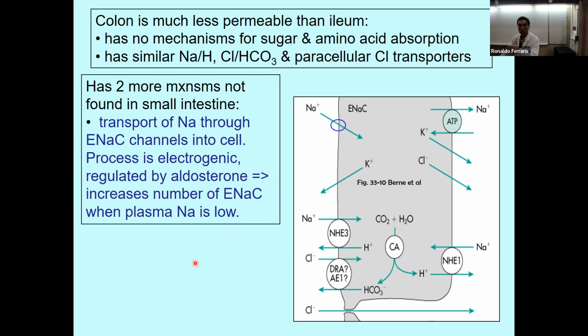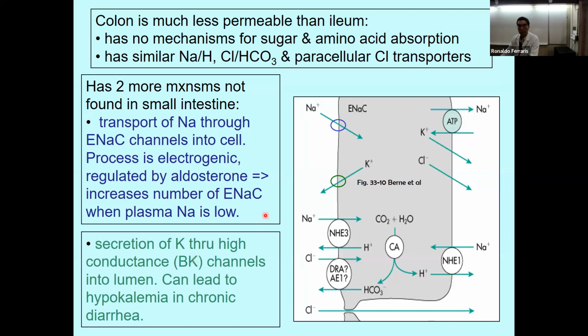The second one is secretion through potassium channels. And some books emphasize the fact that these are high conductance channels, or the name is BK. It stands for big potassium channel, going from cytosol to the lumen. And when you have diarrhea, under normal conditions, this doesn't pose a threat. However, it can lead to hypokalemia in chronic diarrhea.